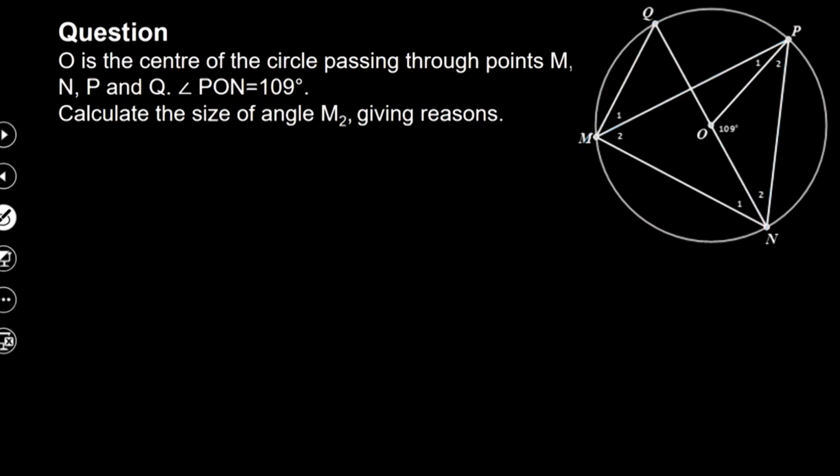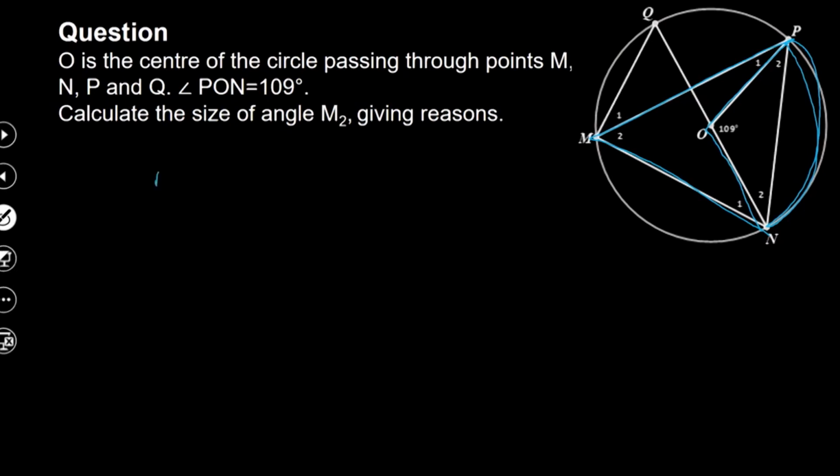And then to find M2, I need a reason for that as well. To find M2, you can see that this arc here subtends that angle at the center. It also subtends that angle on the circumference. Angle at the center and angle at the circumference have a relationship of 1:2, right?